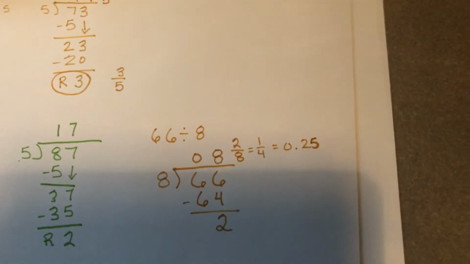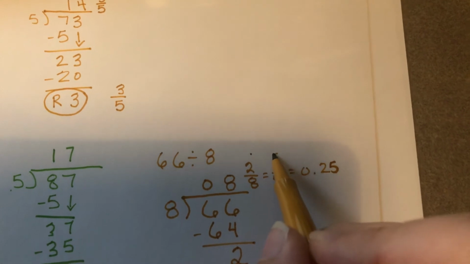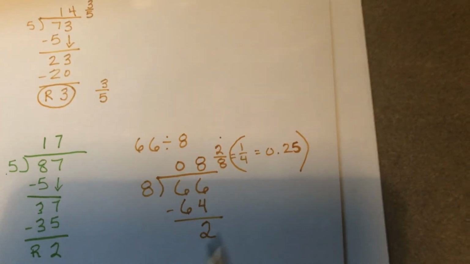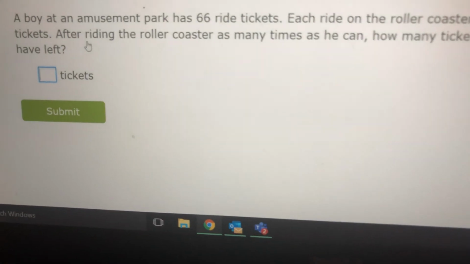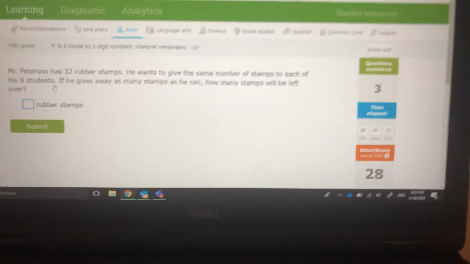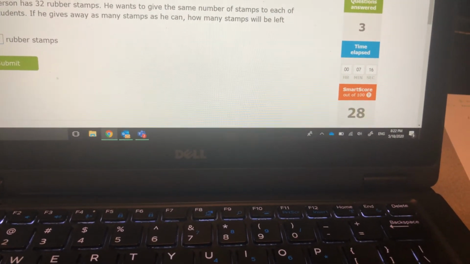But we're not there yet. You don't need all this, okay? We'll get there. So 8 and 2 left over. So 2 tickets he has left over. All right. I think you guys can grasp that. Let's move on to the next one.